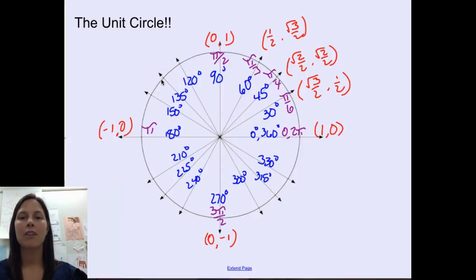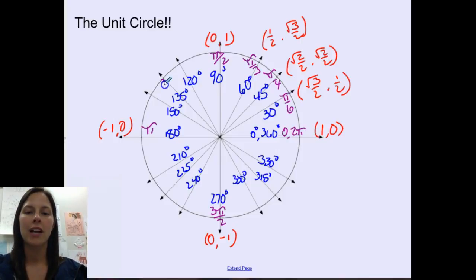For radians, it's a matter of counting with your fractions. So we can start with the pi over 4. Every halfway is another pi over 4. So we went up to pi over 4 halfway between the two axes. Adding another pi over 4, we have 2 pi over 4 up at pi over 2, and that's in simplest form.